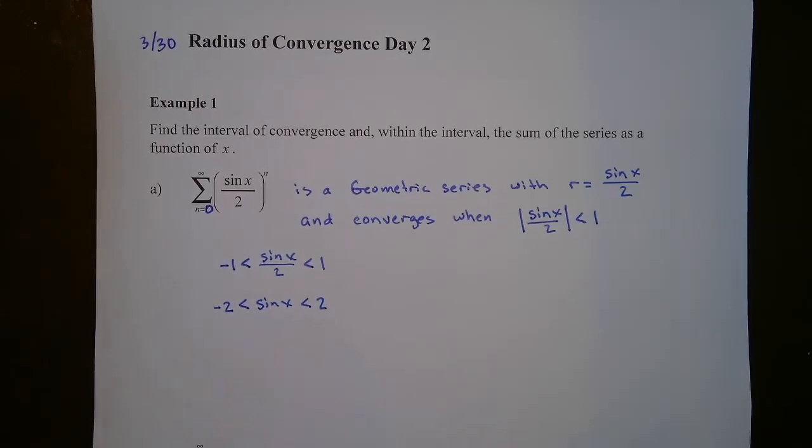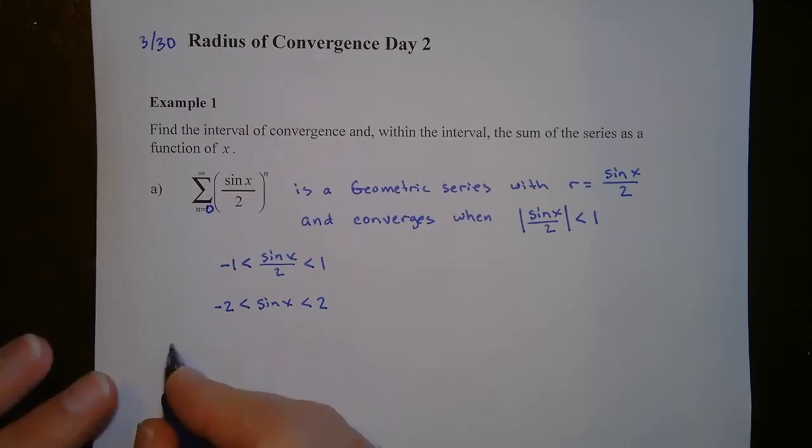Well, what do we know about sine x? Sine x is always in between -1 and 1, including both -1 and 1. So sine x must always be between -2 and 2. So for any x, this is going to be true.